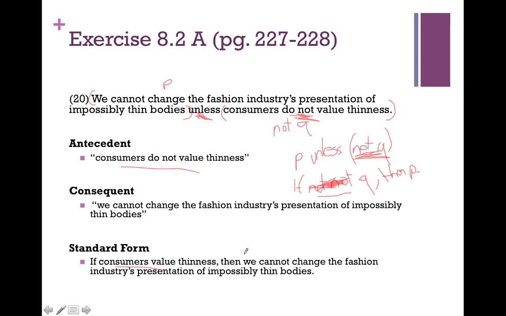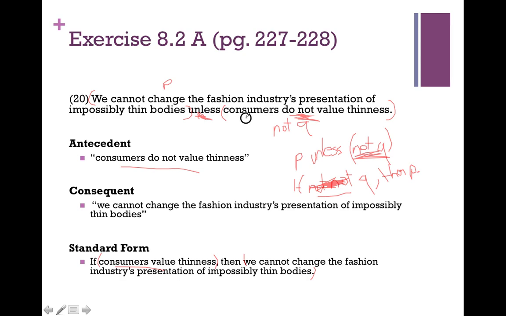In that case, we negate this, and we negate this right here, and we swap those around. So that's another way we could express it. If you didn't get that, don't worry about it. It's not important.